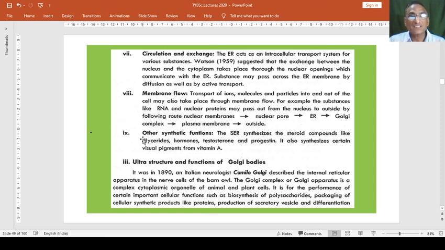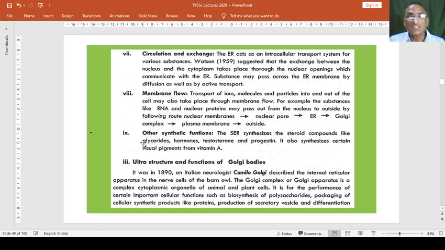Ninth function, or we can say the last function. Besides that, many minor other functions may be carried out, but these are the major nine important functions. It includes other synthetic functions, that is, smooth endoplasmic reticulum synthesizes steroid compounds like triglycerides, hormones, testosterone, and progestin.